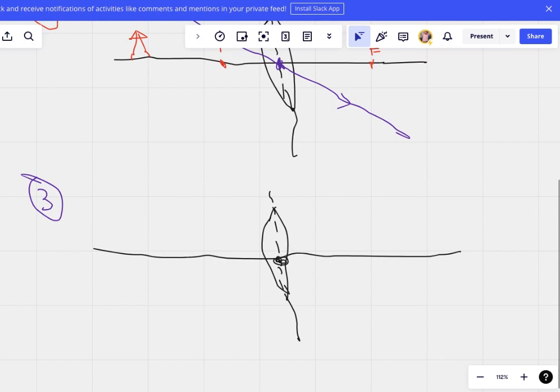Now, let's say we have a candle light or a lamp. As usual, the candle, lamp or light, whatever you call it, is here. It produces the light ray. Here is our principal focus on the left side, and then here is our principal focus on the right side. Okay.